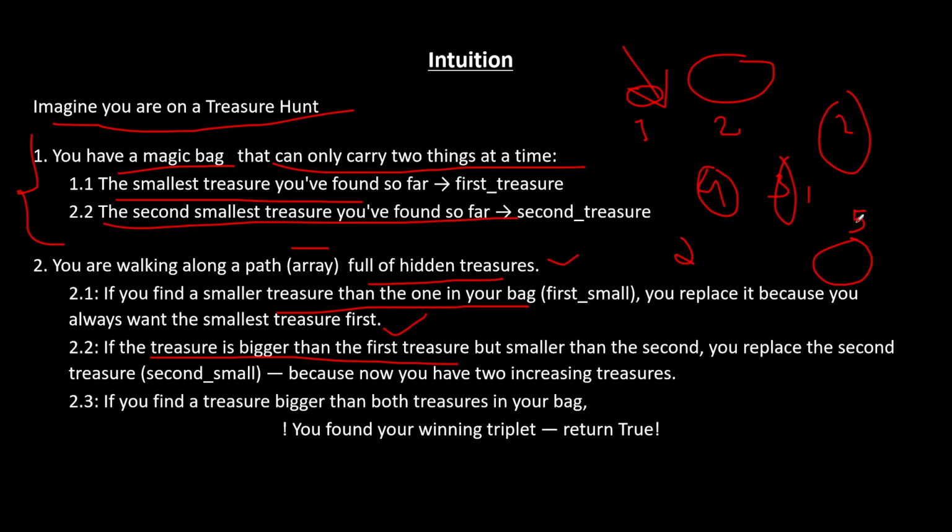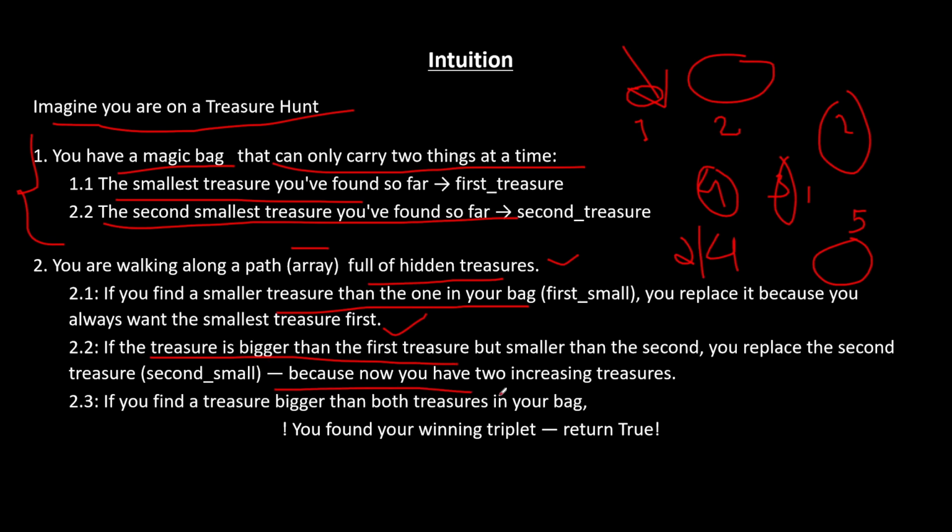So you cannot keep 5 in this case. You have to take the 4, because it has to be the second smallest, which is greater than the first smallest but smaller than the present value in the bag. So we will replace 5 with 4 and we will have 4 in the second bag.